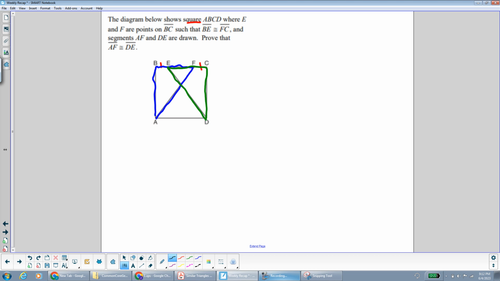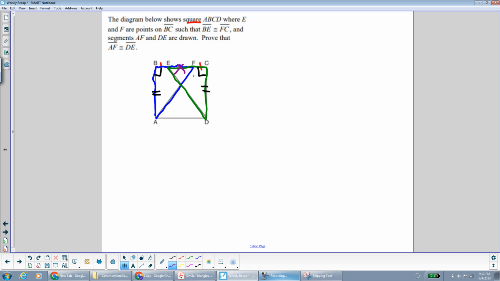Now, if I think about what I know about squares, I do know that the opposite sides are congruent to each other, and I do know that squares have 90-degree angles. Now, I have information about BE and CF, but I would need the full side BF of the blue triangle and the full side CE of the green triangle. Luckily, both of those sides overlap at EF.